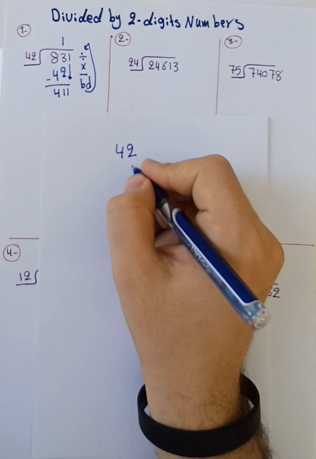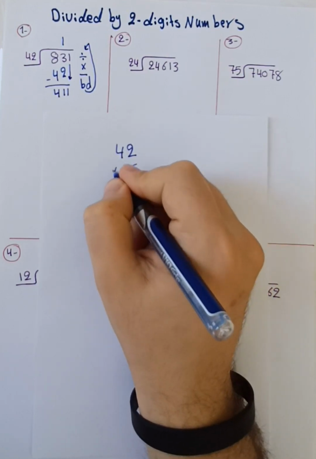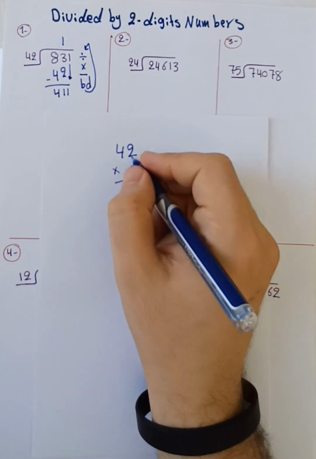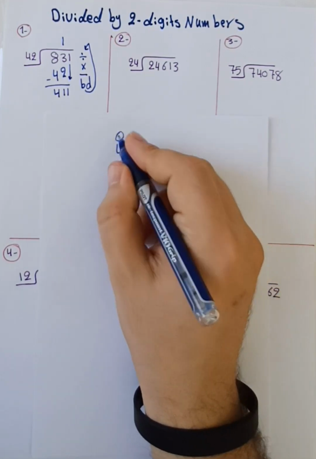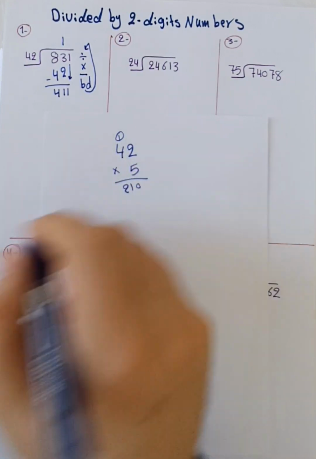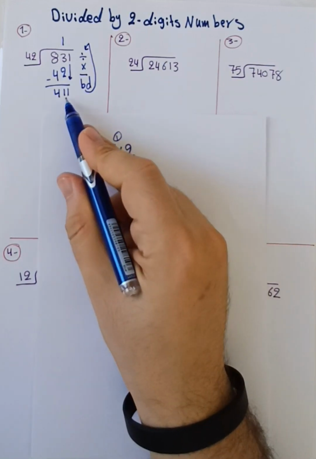So you can start by multiplying this number by 5. 5 times 2 is 10. We have to regroup. 5 times 4 is 20 plus 1 equals 21. So 210. We have 411.